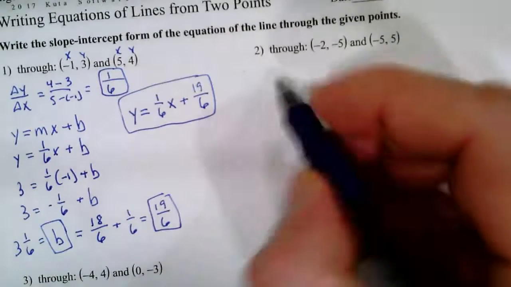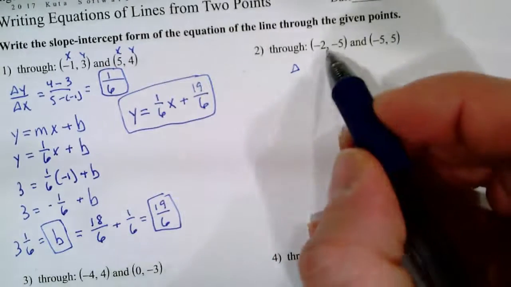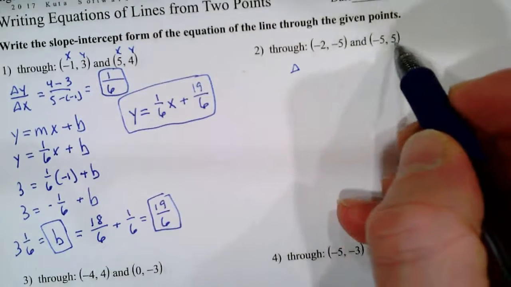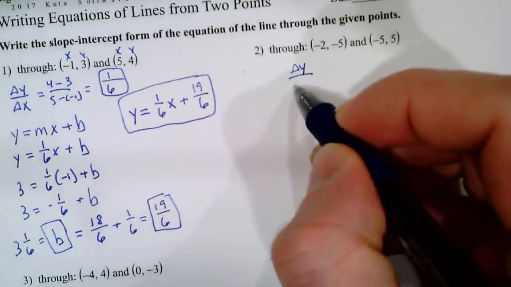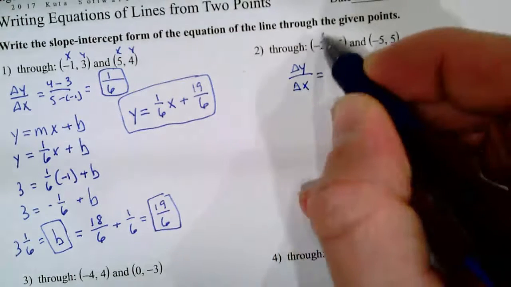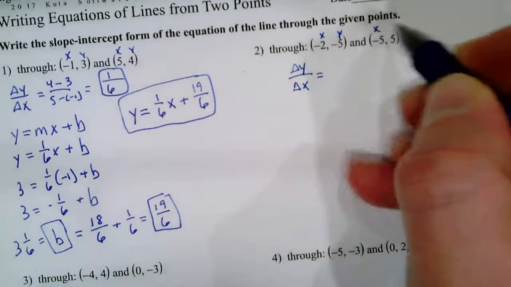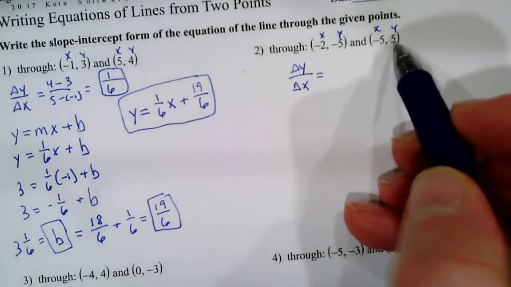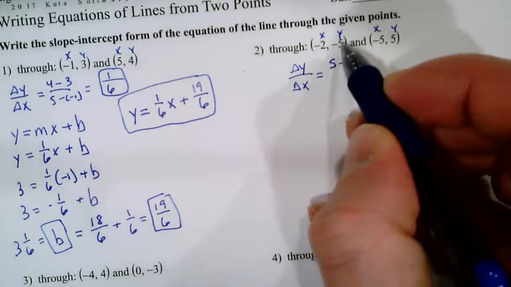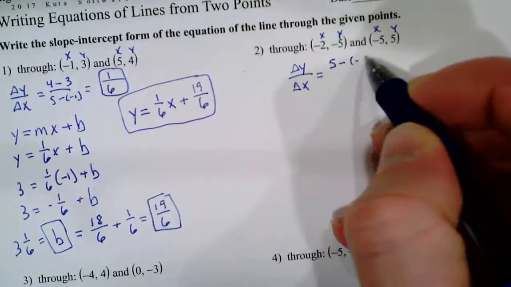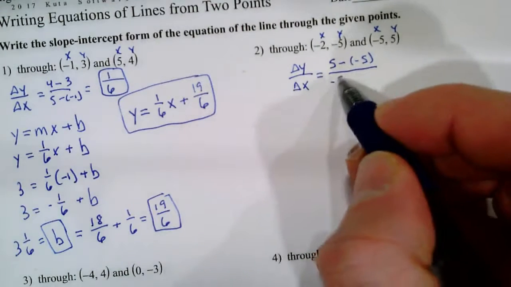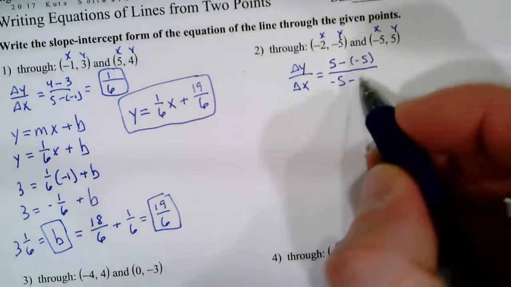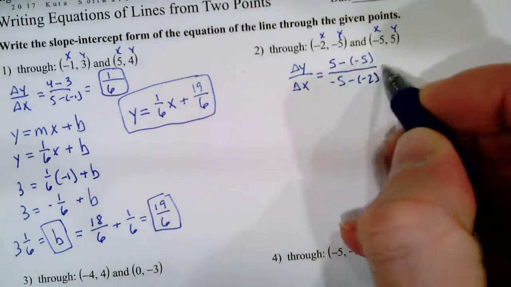Okay. Next one, we need to find our slope. Let's see, negative 2, negative 5, and negative 5, positive 5. So our slope, change in y over change in x. Well, our change in y is our ending y, 5, minus our beginning y, negative 5, over our ending x, which is negative 5, minus our beginning x, which is negative 2.